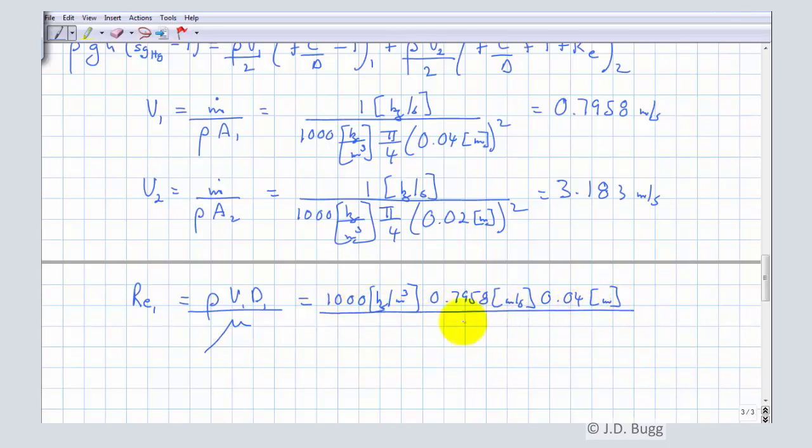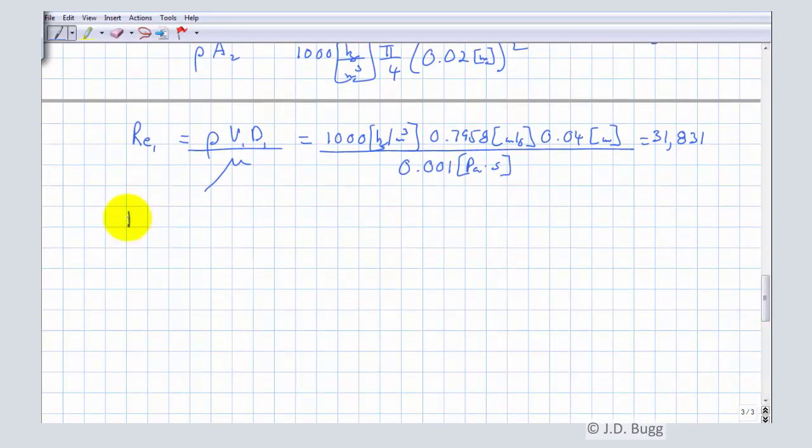And the dynamic viscosity, 0.001 Pascal seconds, which was given in the problem statement. So Reynolds number 1 works out to 31,831.